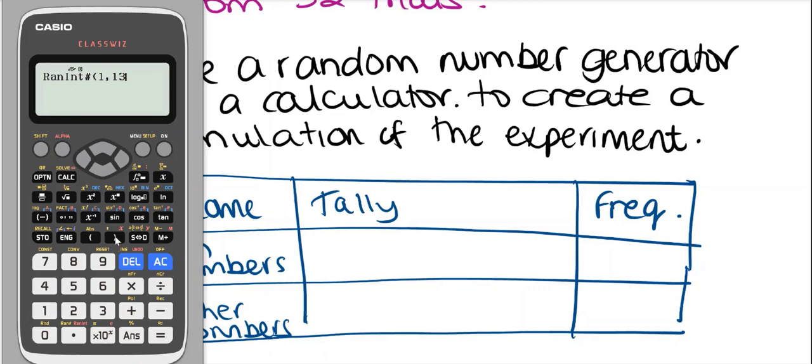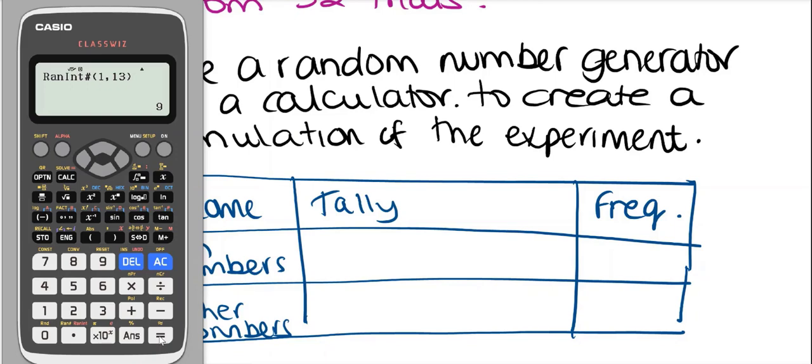Because we have ace to king, that's representing 1 up to number 13. So we want to randomly choose our numbers, and as they come up, we're going to mark them off on our frequency table, and we're going to do a total of 52 trials. So press equals on the calculator.